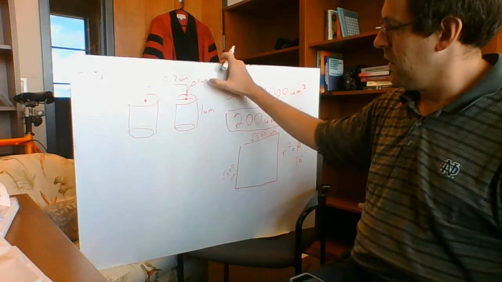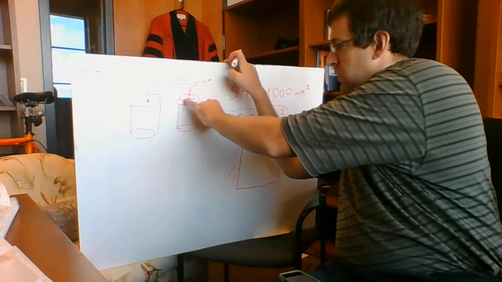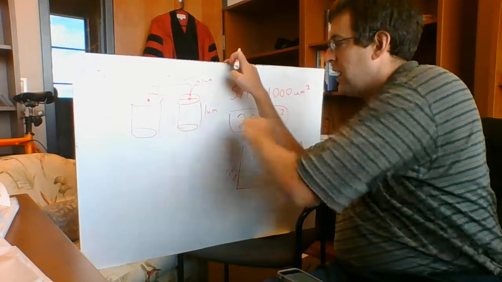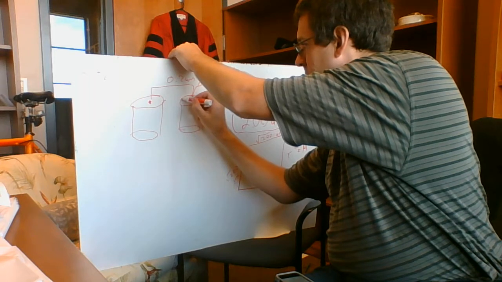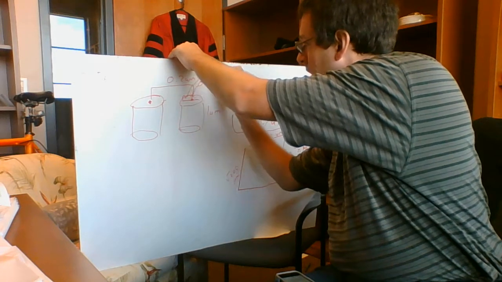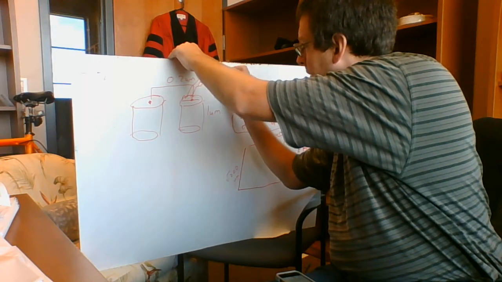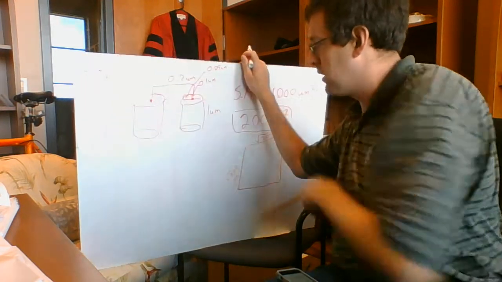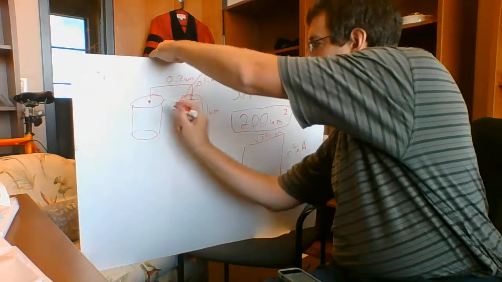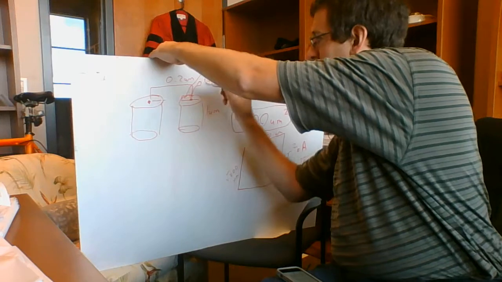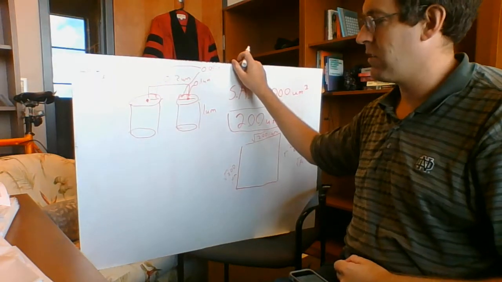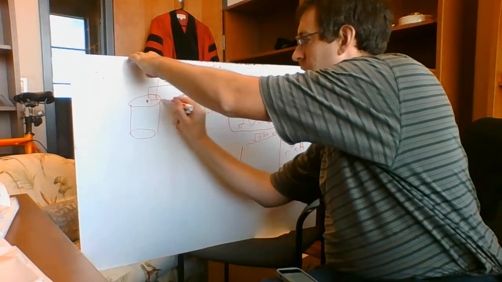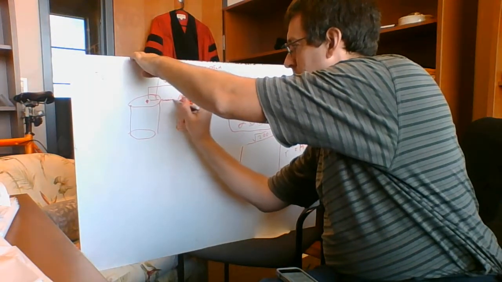We know that the diameter here is 0.1 micrometers. It means that this little portion here is 0.05 micrometers, and this part here is also 0.05 micrometers, which then means you can figure out this part.